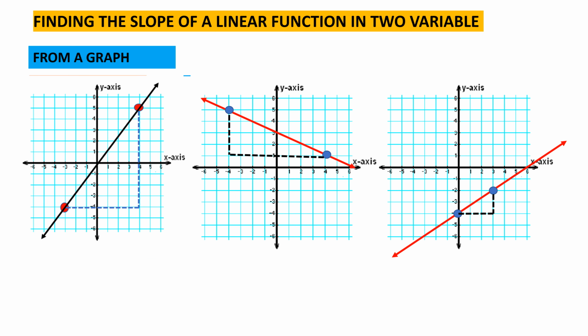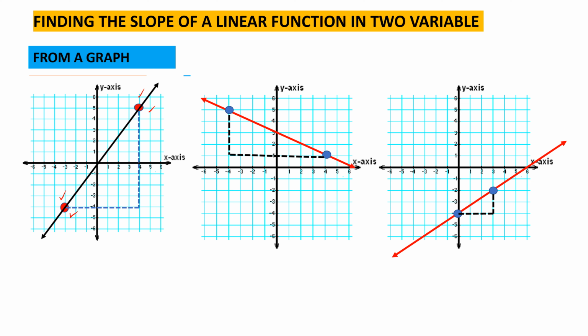Let us go to this first method, what if a graph is given. So you are given a graph, and on the graph there are 2 points that are distinct. Remember that a line is made up of an infinite number of points. But since we are getting the slope from a graph, we need only to choose 2 points from it.